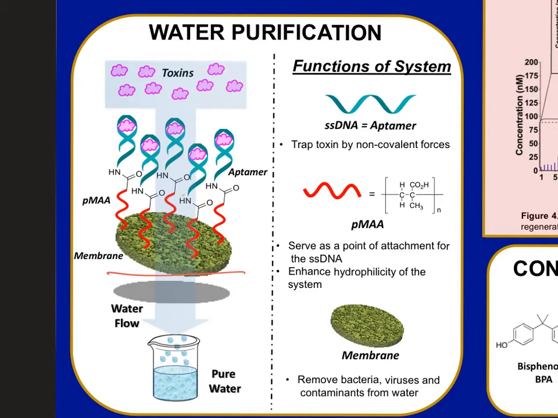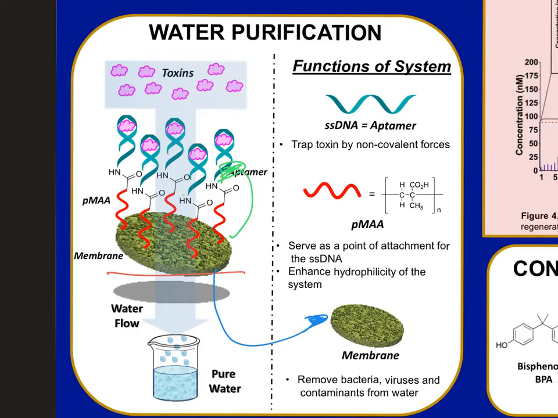So we want to get a great balance of this, and we use ultrafiltration membranes that the pores are big enough to remove bacteria, viruses, and big contaminants. And then our idea is to attach aptamers to it so that they can take care of the small molecules. This way we can purify water in a cheaper and faster way.